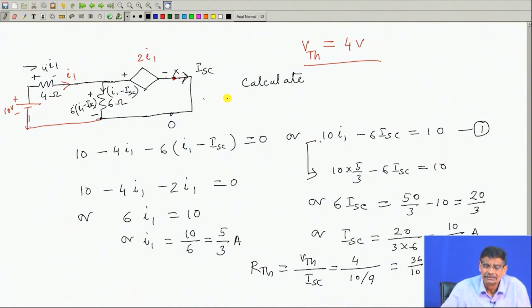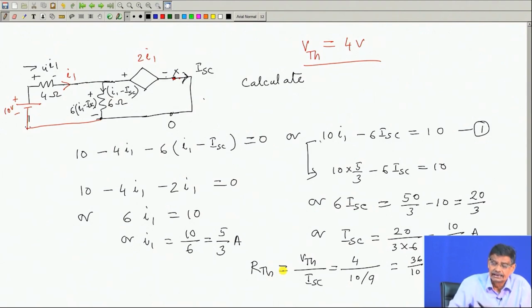Or another way, given a network with many dependent and independent sources: calculate the open circuit voltage and the short circuit current, not removing any sources in these 2 cases, and then divide these 2, and you will get R Thevenin. The open circuit voltage will give you V Thevenin. Hope you have understood this.